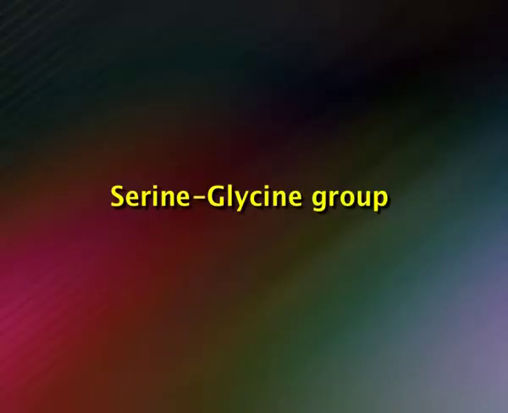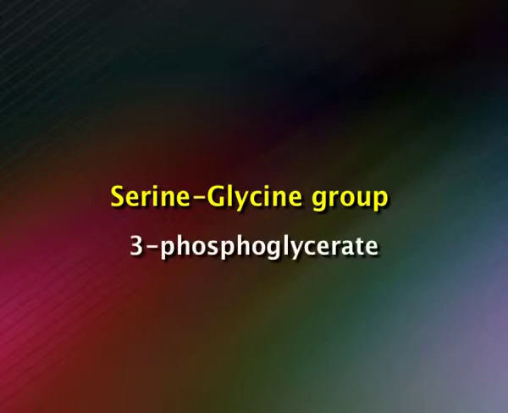The third is the Alanine-Valine-Leucine group, which originates from another important keto acid called pyruvate, which is the end product of breakdown of glucose, which is called glycolysis. Then you have the serine glycine group, which originates from 3-phosphoglycerate, which is a key intermediate of the glycolytic pathway.